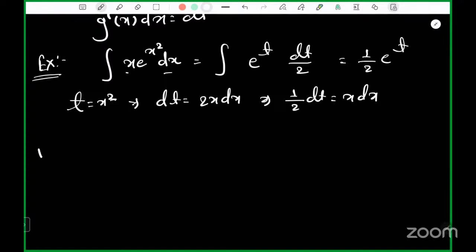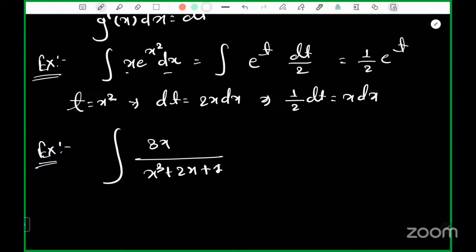Now suppose we have an example like the integration of something over x cube plus 2x plus 1. Here I have 3x squared plus 2x. Now what will be your substitution?